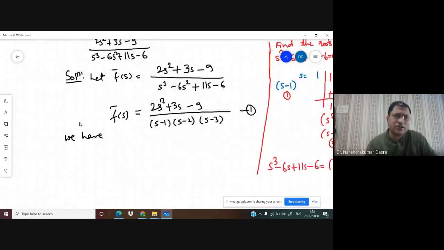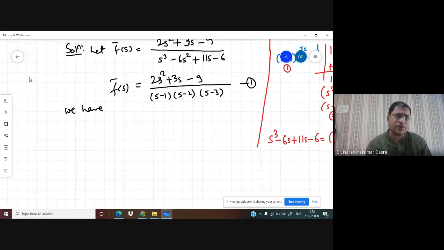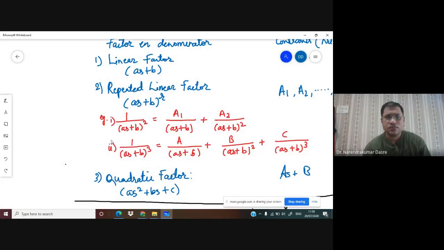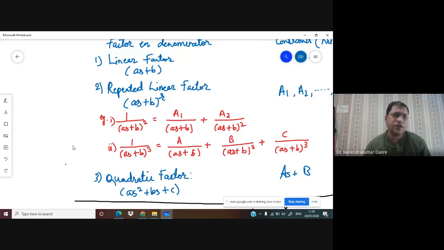Which type of factors are these? The degree is going to be 1 for this factor. So what do we call a factor with degree 1? Linear factor, repeated factor, or quadratic factor? Linear. Yes, it is going to be a linear factor.